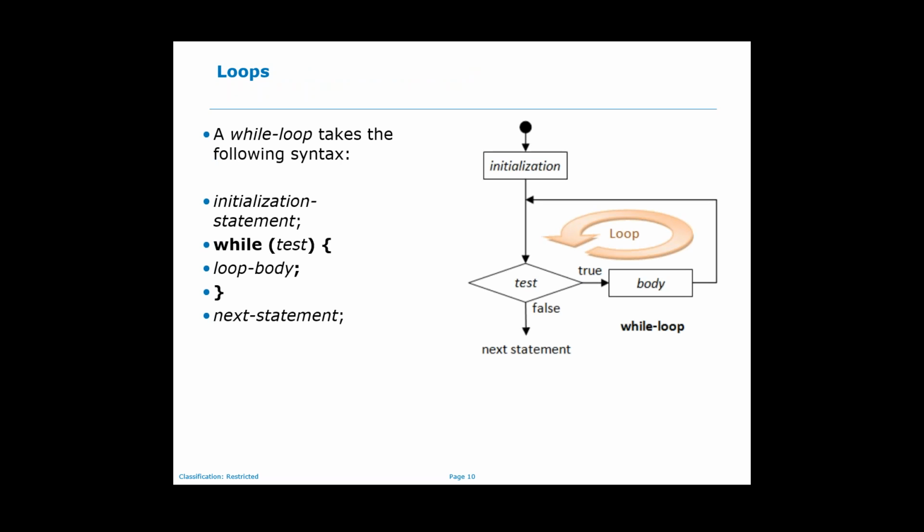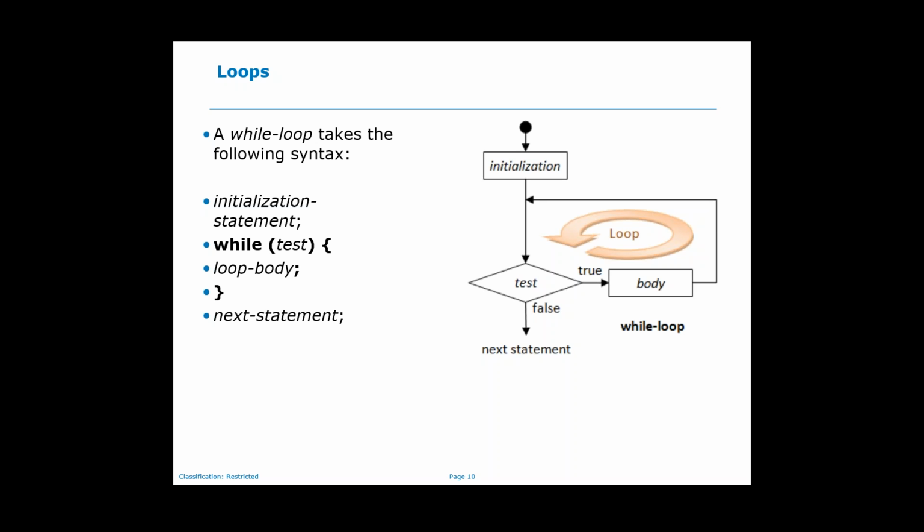And then the loops, the looping structure in Java. There are a couple of loops in Java. One is known as a while loop, another is a do while, and one more is a for loop. Before creating a while loop, you should have some initialization statement.